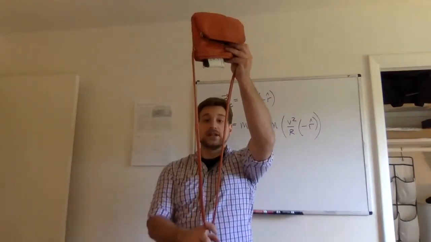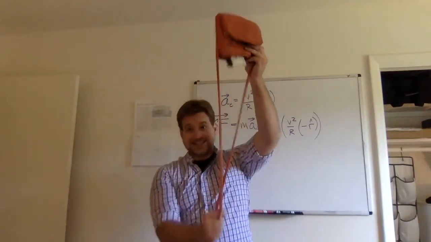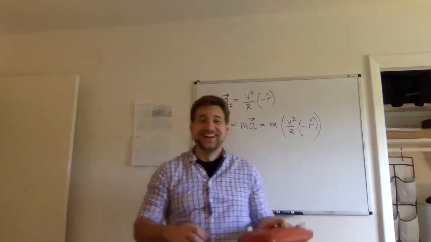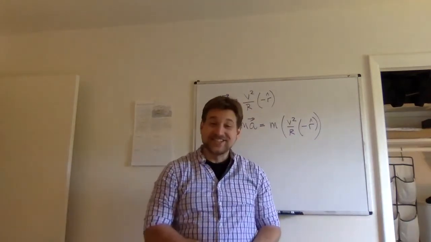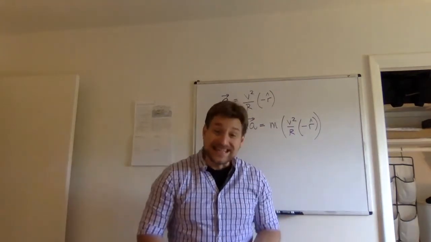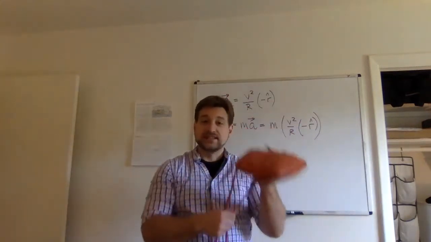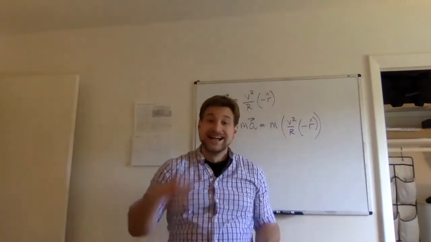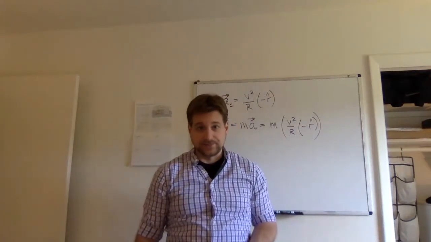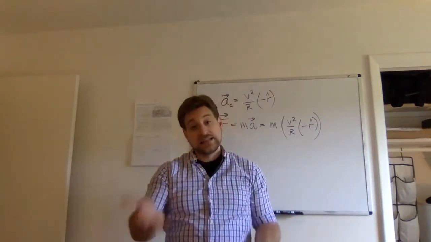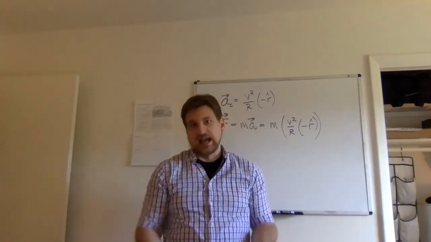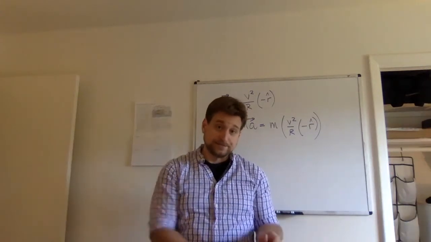When the purse is vertically up, there is tension in the handle and the weight of the purse itself, both of which are directed radially down, which in this orientation is the radially inward direction. So in that instant, they get to share the centripetal responsibility because they both happen to be acting in the correct direction at the correct time.